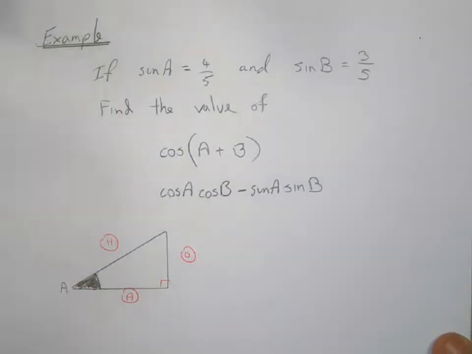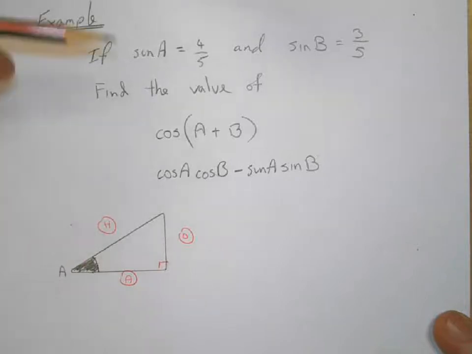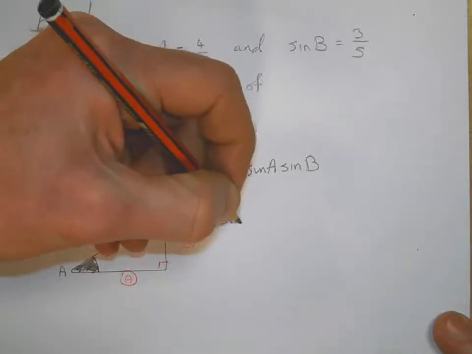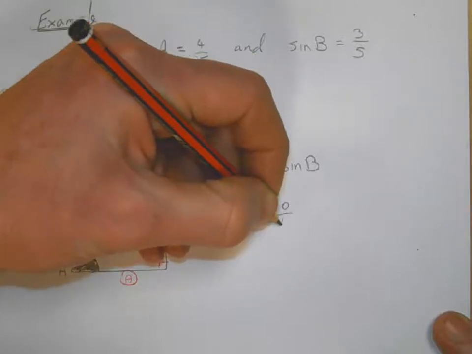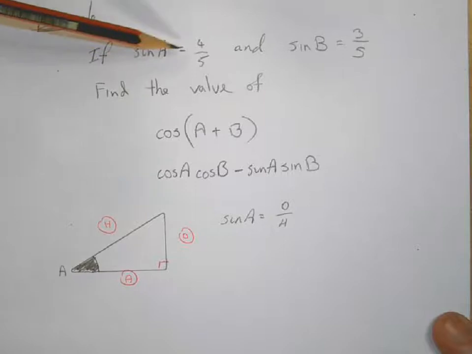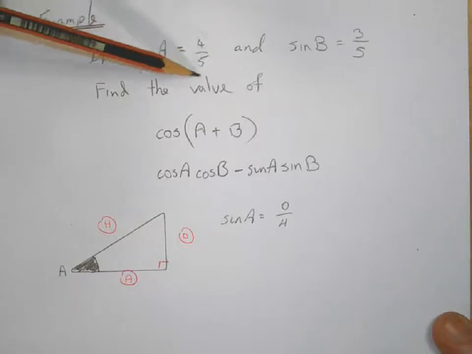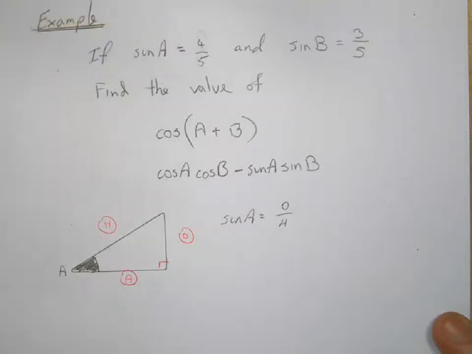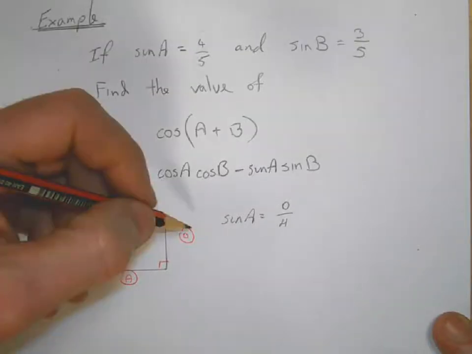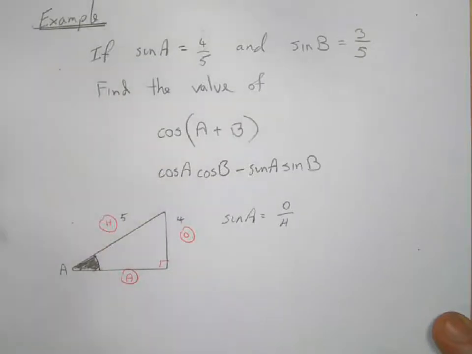With that, you can now say that sin A is equal to the opposite over the hypotenuse. We're told from the question that sin A is 4/5, which means that 4 must be the opposite and 5 must be the hypotenuse. So O must be 4 and H must be 5.